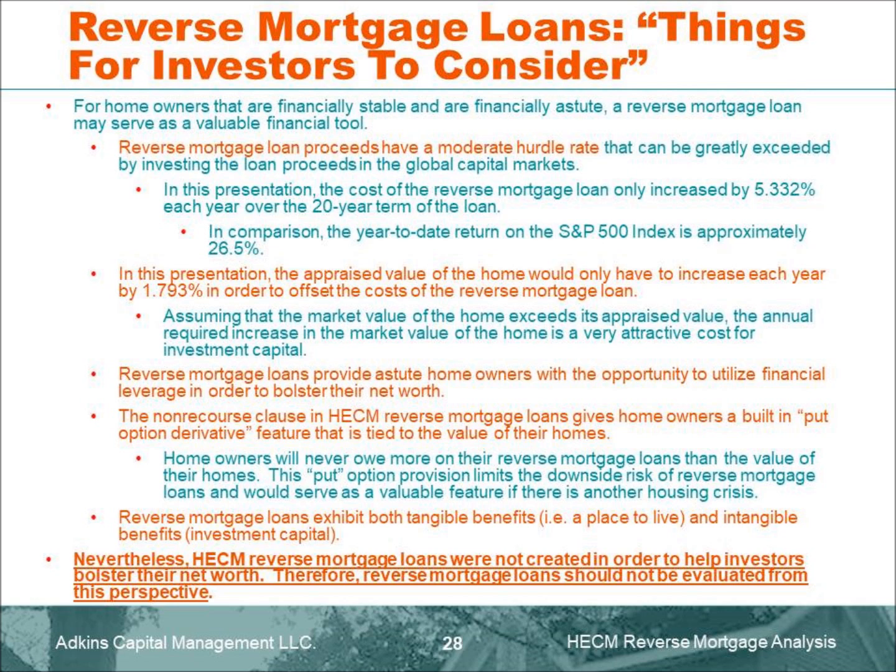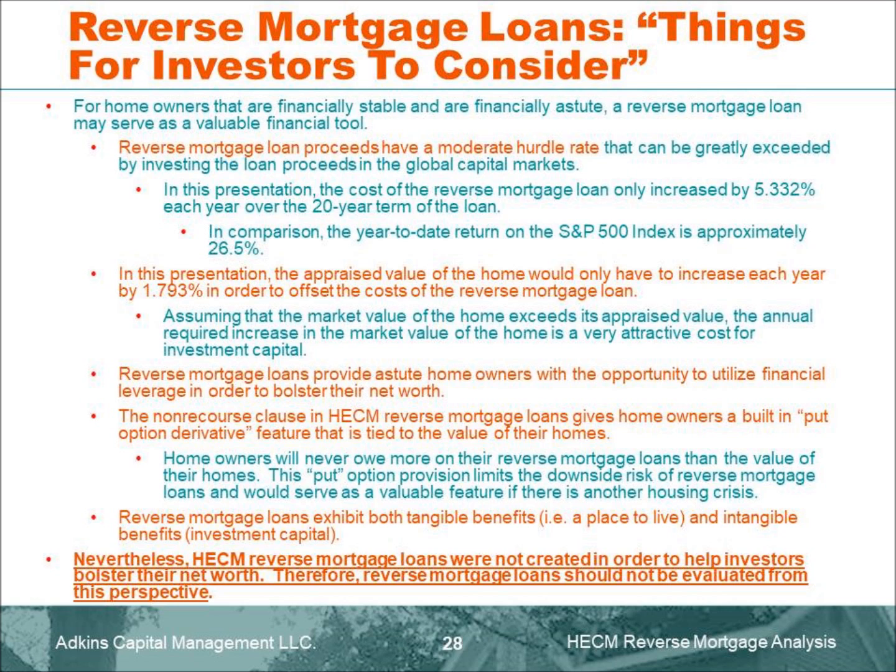In this presentation, the appraised value of the home would only have to increase each year by 1.793% in order to offset the costs of the reverse mortgage loan. Assuming that the market value of the home exceeds its appraised value, the annual required increase in the market value of the home is a very attractive cost for investment capital.